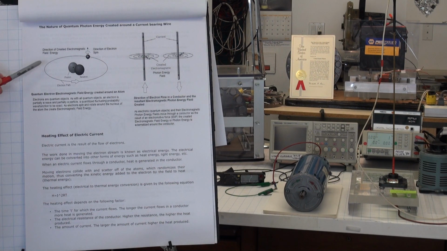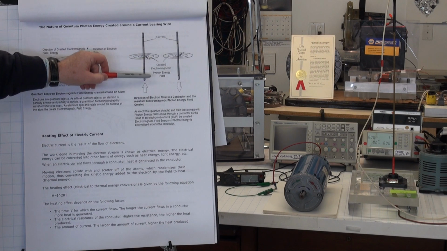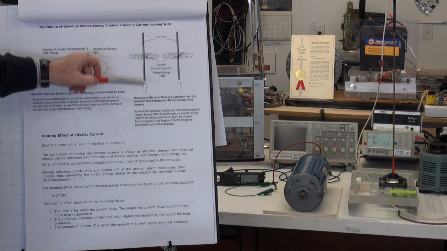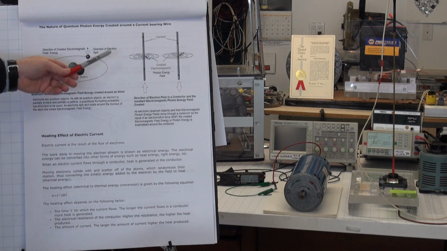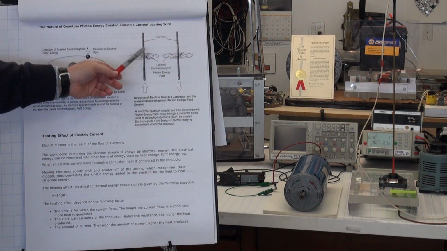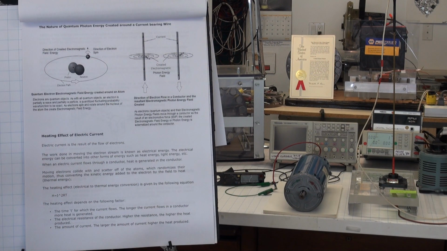Again, when an electron spins around the nucleus of an atom, it produces an electromagnetic field. When the electron moves through a current-carrying conductor, that magnetic field is externalized around the conductor.